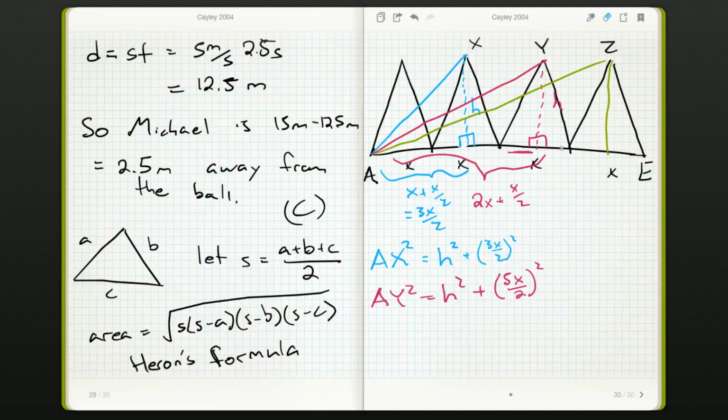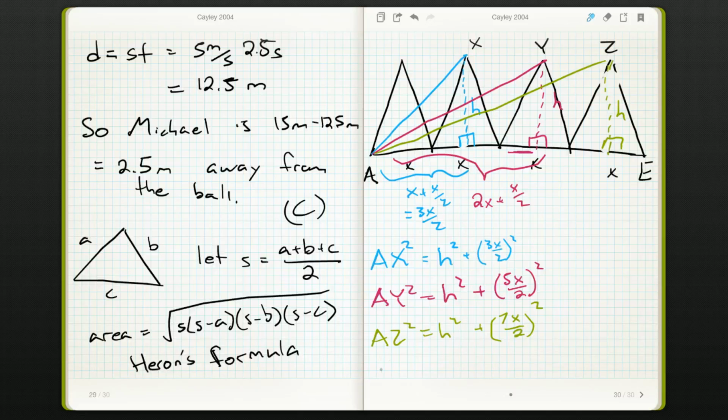I've been using dashed lines, haven't I? So let's be consistent. So now we're going to have 3 1/2 x's, and h squared. So this is all just by Pythagoras and counting how many x's we're dealing with.